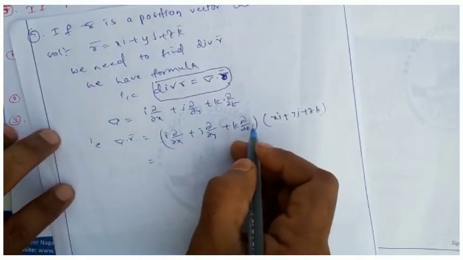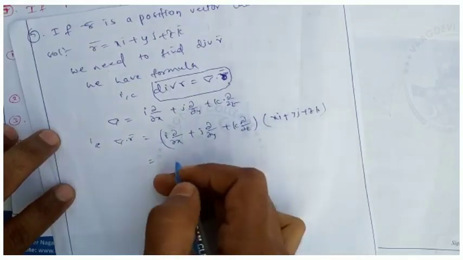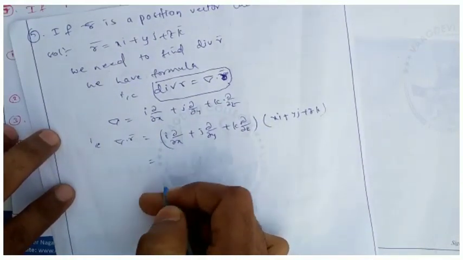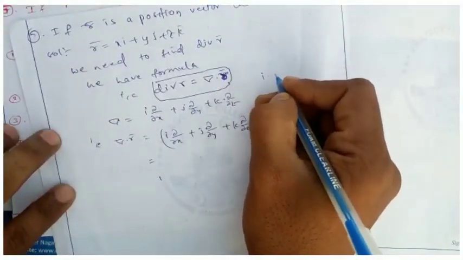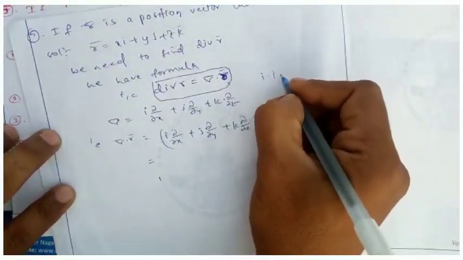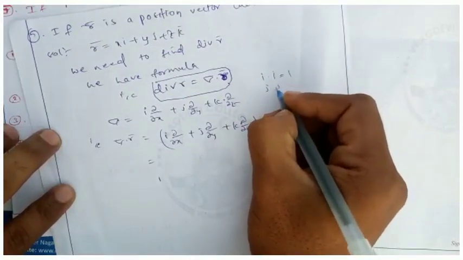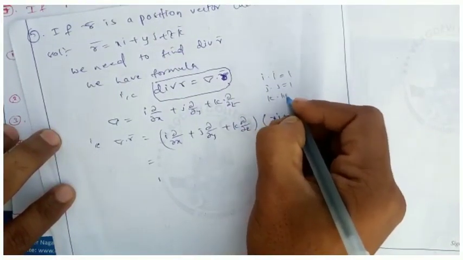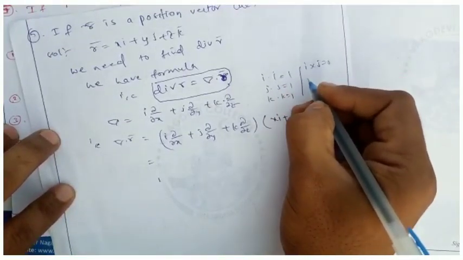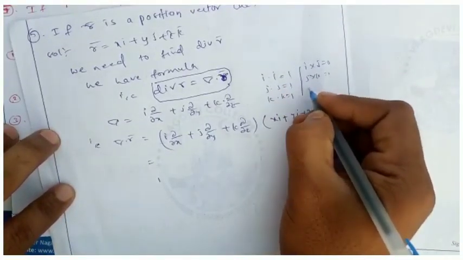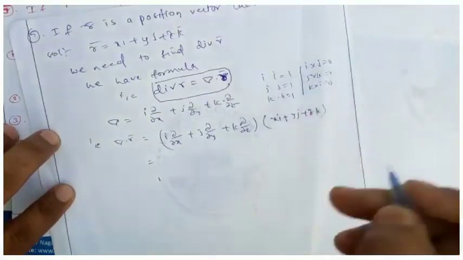We know that i dot i is 1, j dot j is 1, k dot k is 1, and i cross j is equal to 0, j cross k is equal to 0, and k cross i is equal to 0.